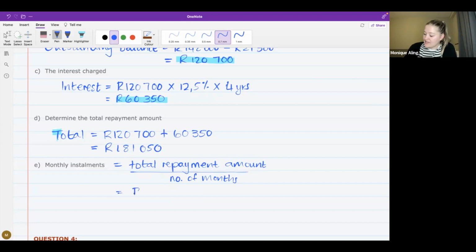Okay, so we worked out that the total repayment was 181,050 Rand over 4 years times 12 months in a year. And that will mean that a PUA has to pay 3,771.88 every single month for the next 4 years to pay off this car.